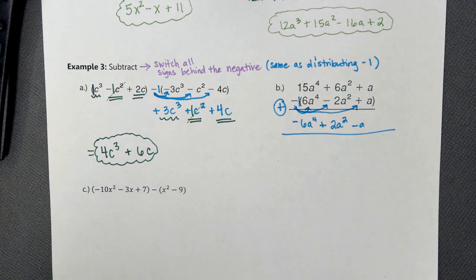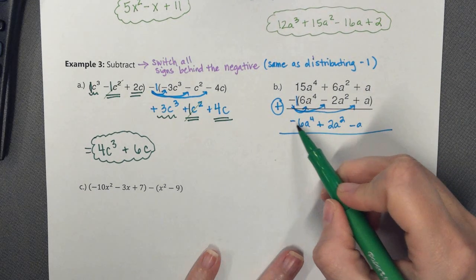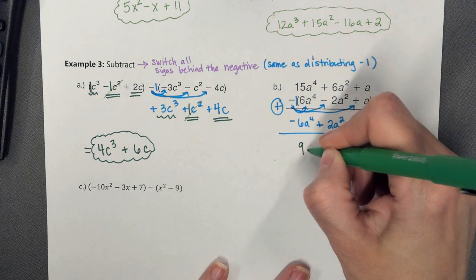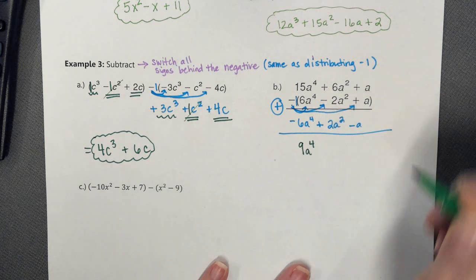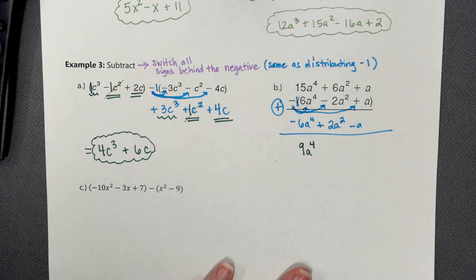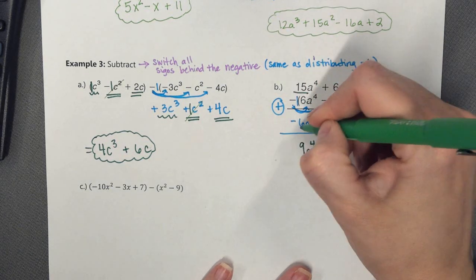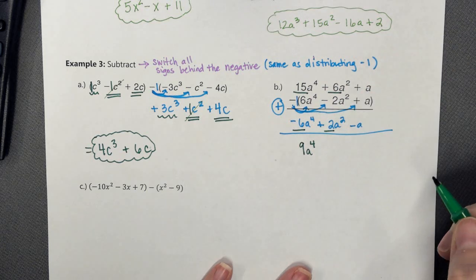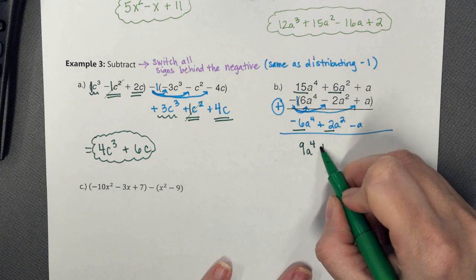Once you've done that, you can just do 15 minus 6, which is 9. So you do the 15 minus 6. You do 6 plus 2. What's 6 plus 2?